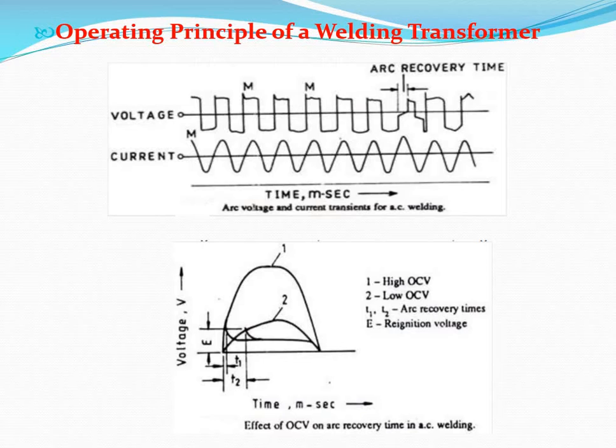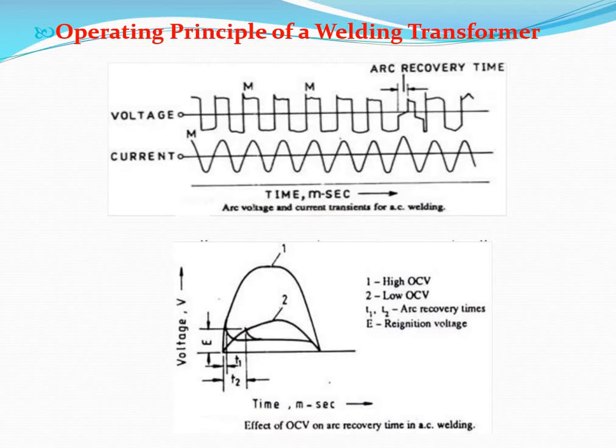Third, the open circuit voltage should not normally exceed 80 volts; in some cases, up to 100 volts is allowable. Fourth, the output current should be controllable continuously over the full available range. And fifth, the open circuit voltage should be just sufficiently high for ready initiation of an arc and not too high to impair the economics of the welding. So, generally, these five main requirements should be satisfied by the welding transformer.